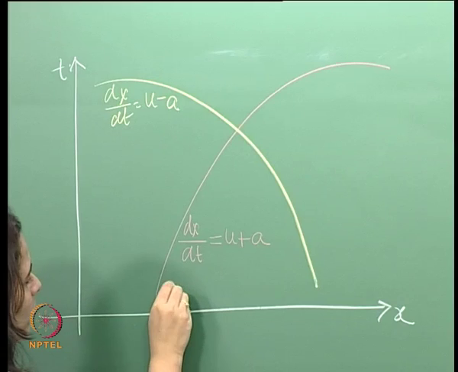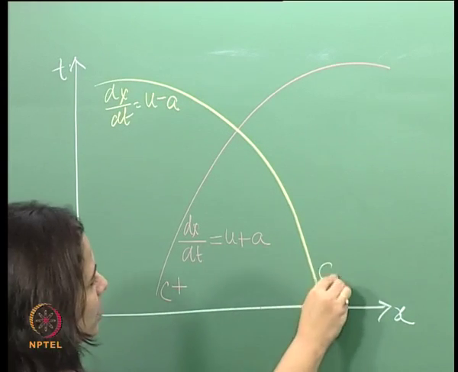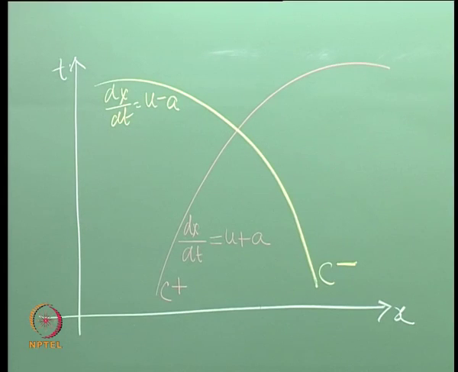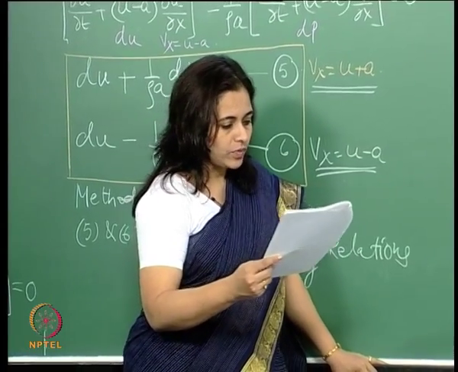This is going to be called a C plus characteristic for a right running wave, and this one is going to be called C minus, for the left running characteristic wave. Essentially, this is the basis of the method of characteristics.